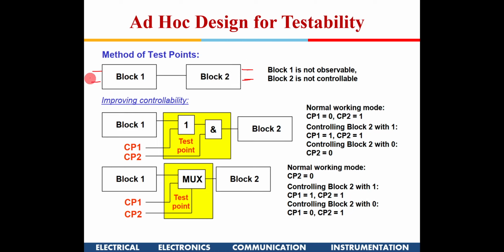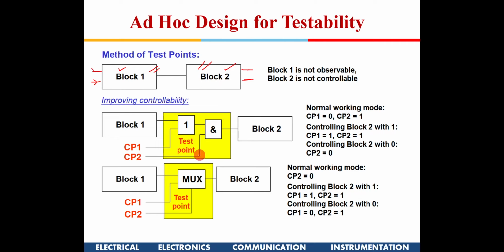So I can control this block and I can observe this block, but the other block cannot be controlled and this block cannot be observed. Only in cascade can we find the faults and so on. So this is not a very good solution.